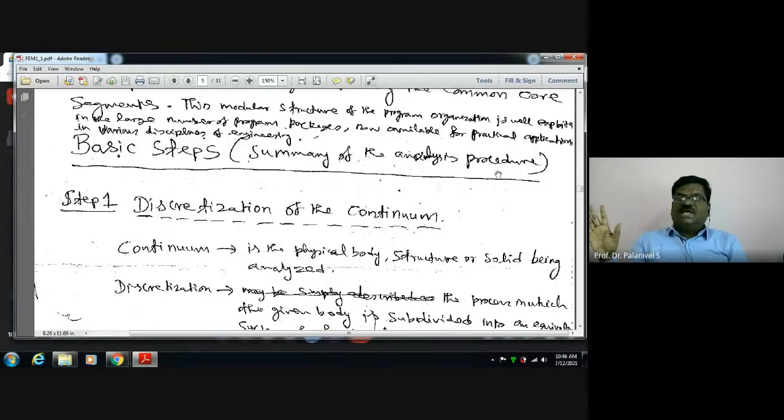Everybody was thorough in them, because the author chose a very elementary, simple illustrative problem to explain the basic steps involved in finite element method. That's why it was popular.